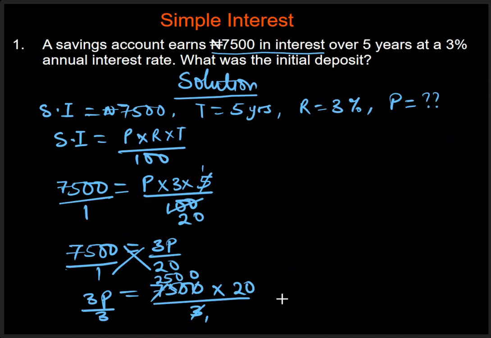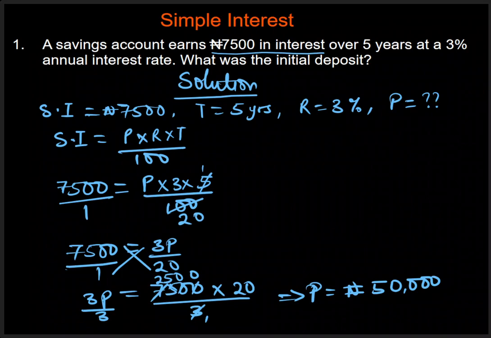So that means our P will be equal to 2,500 times 20, and that will end up giving us 50,000 naira.